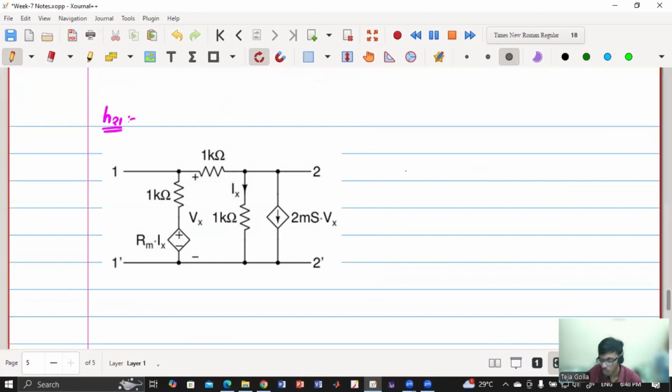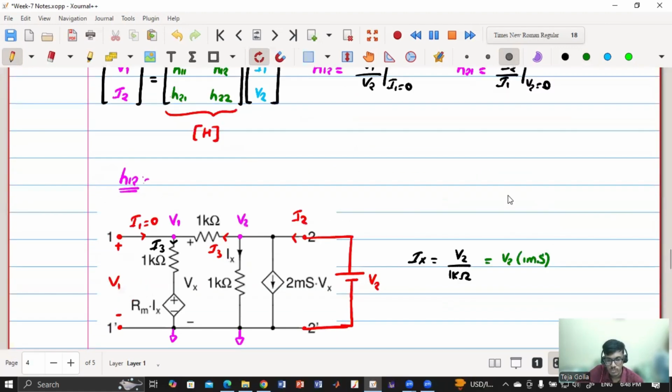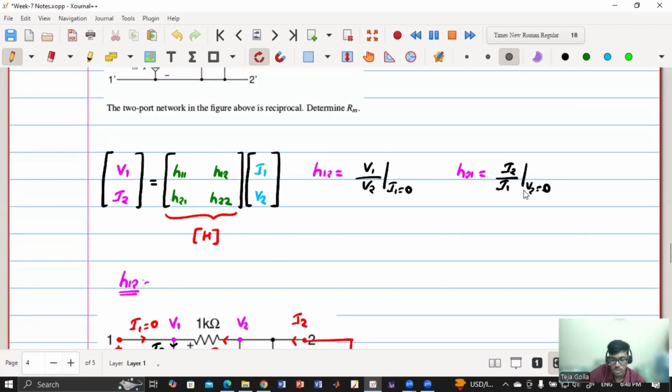For H21, what needs to be done? I have to find I2 by I1 with V2 equal to 0. V2 is 0, meaning the output will be shorted. So this is a short circuit, and this is the current direction I2. I1 is the input and I2 is the output.